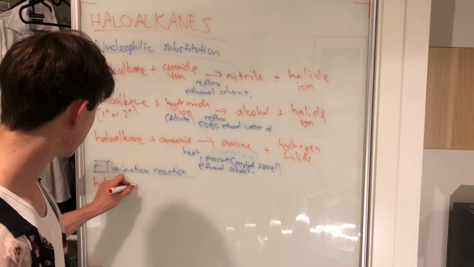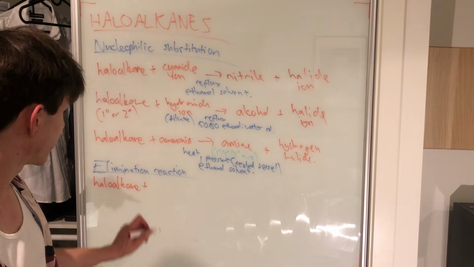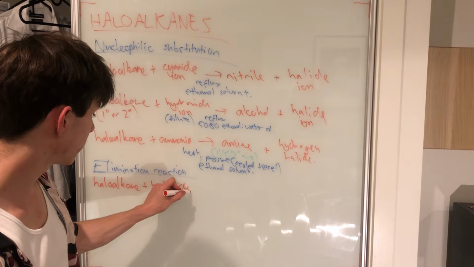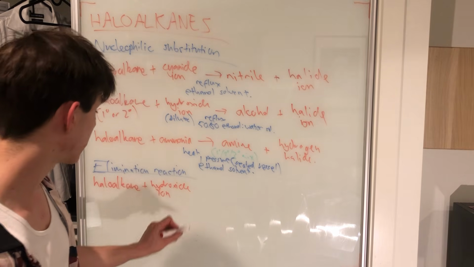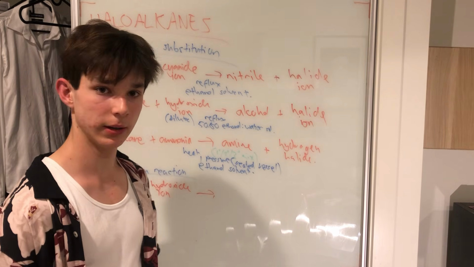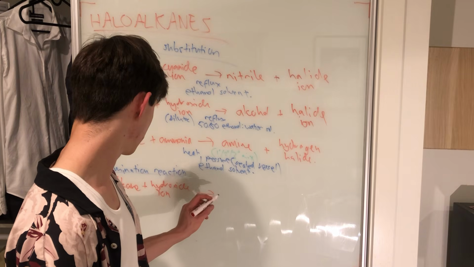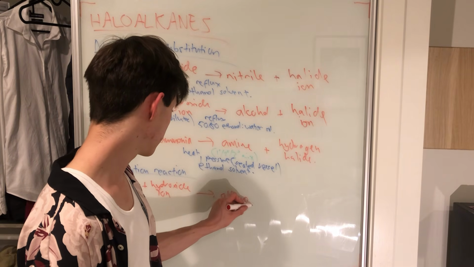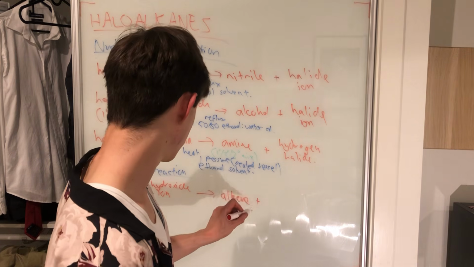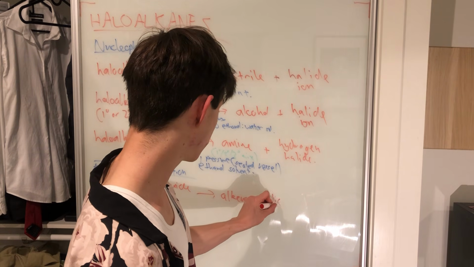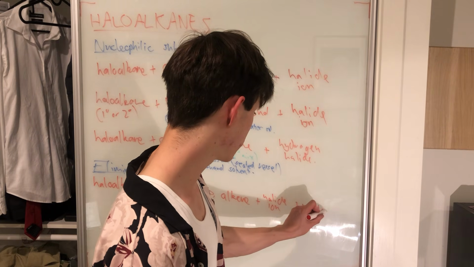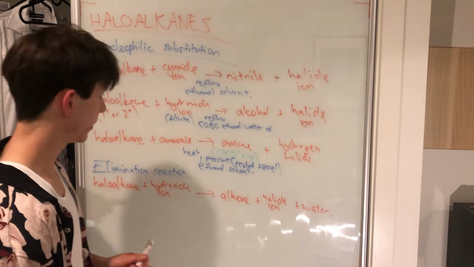Haloalkane plus hydroxide ion is going to give you an alkene plus halide ion plus water.